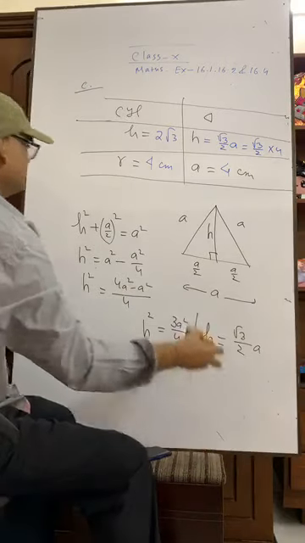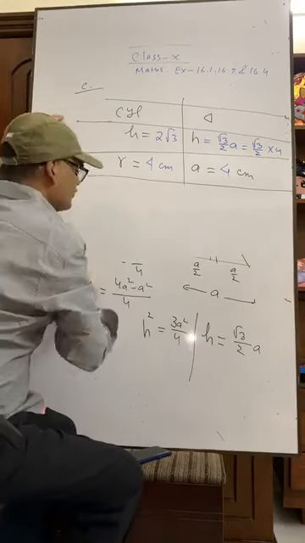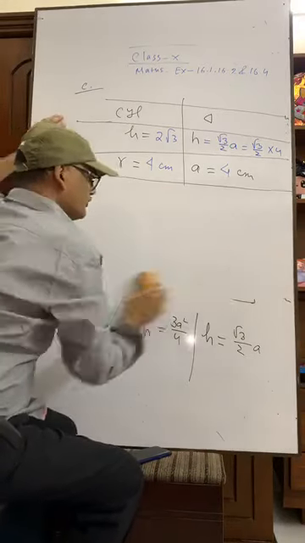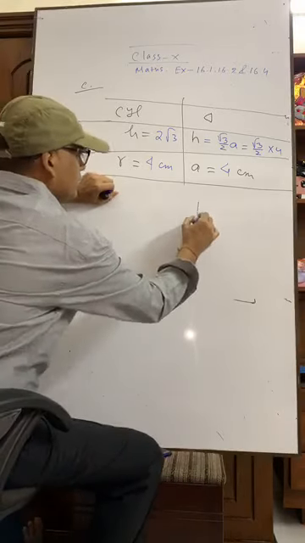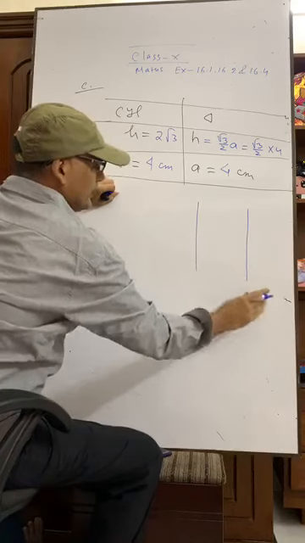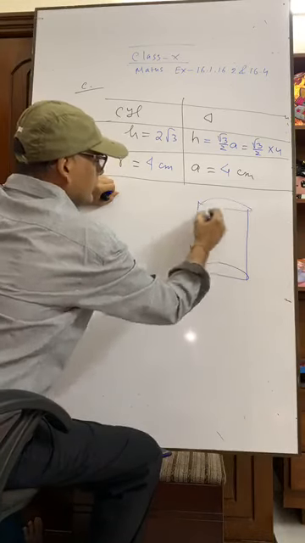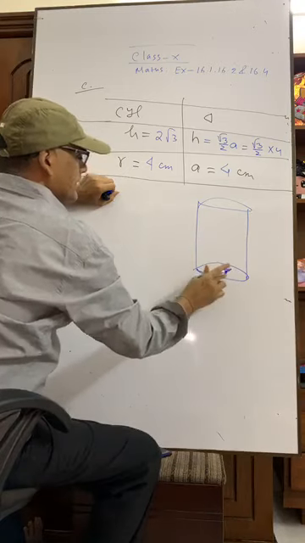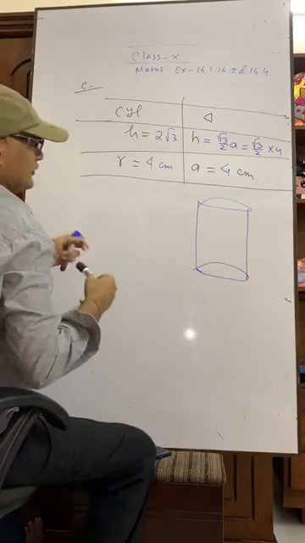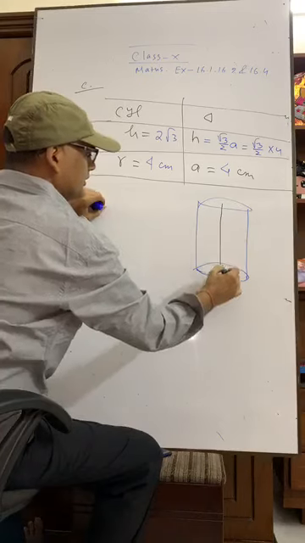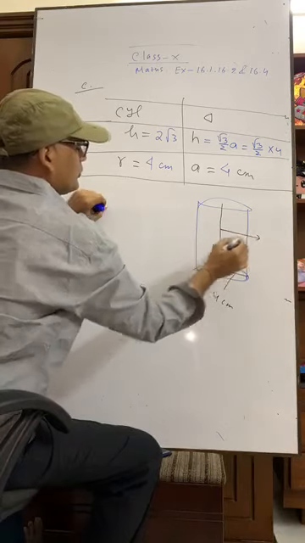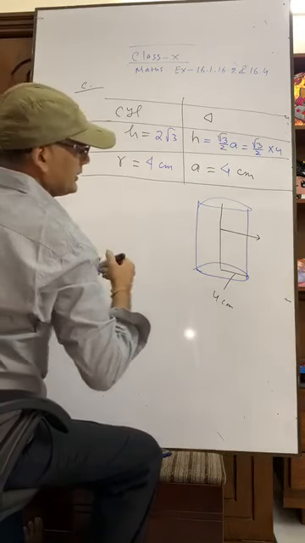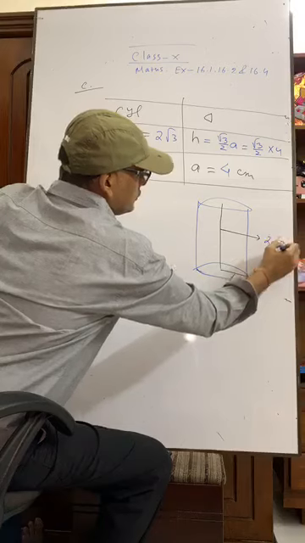Now, in this question, what is to find? We have to find the volume of the cylinder. Suppose this is a cylinder. Its radius of the base is 4 centimeter, and the height is 2 root 3 centimeter.